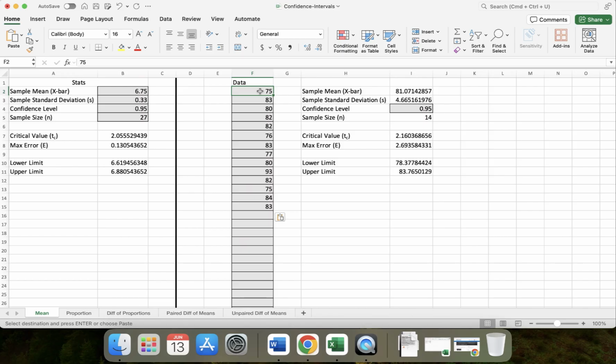Once we have that pasted, we can just double check everything looks good, and it's calculating our lower and our upper limit for us, 78.4 and 83.8. So fairly quick once you get a handle on it.